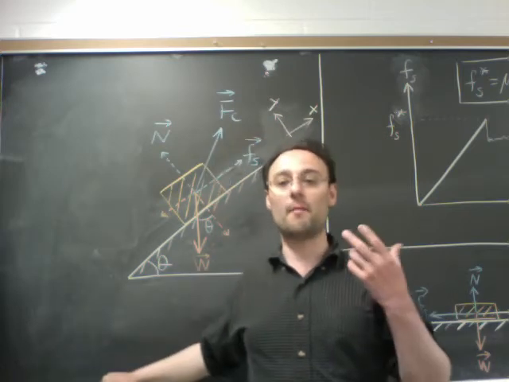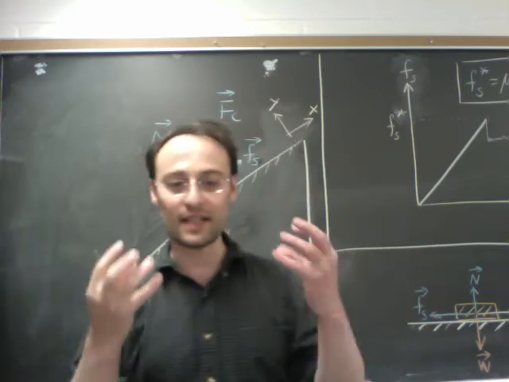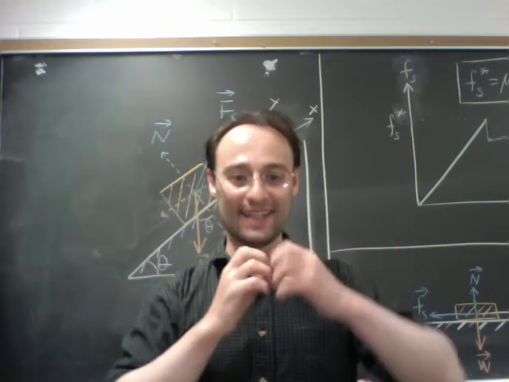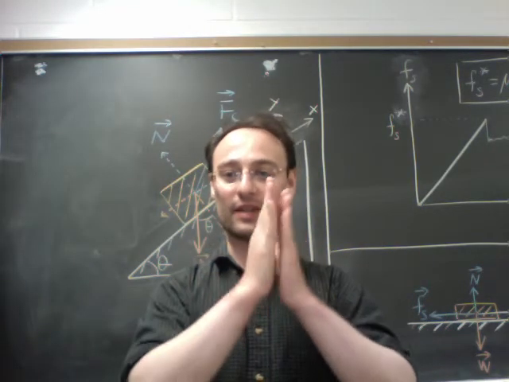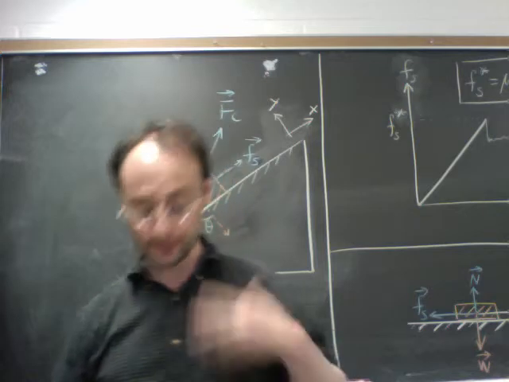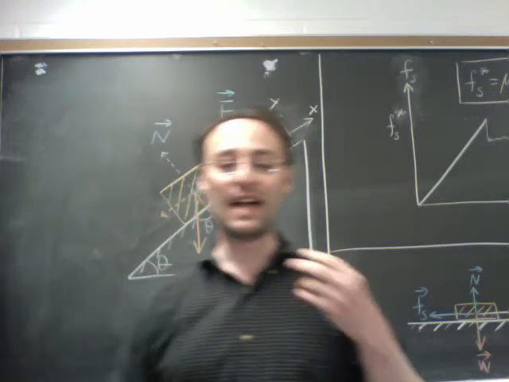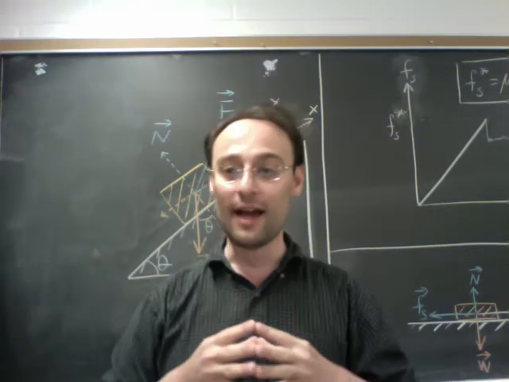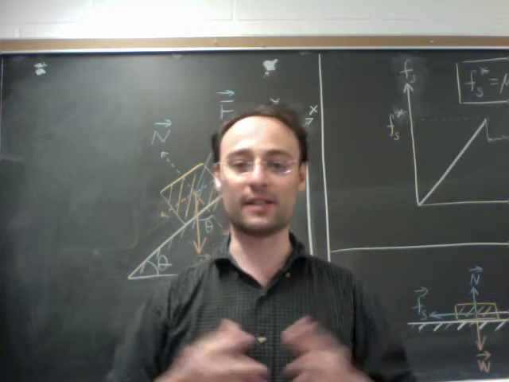Now, on a microscopic level, contact forces result from the interatomic interactions between the atoms in the two contacting surfaces. And fundamentally, these types of interactions are electrical or electromagnetic in nature, as all chemical interactions are.